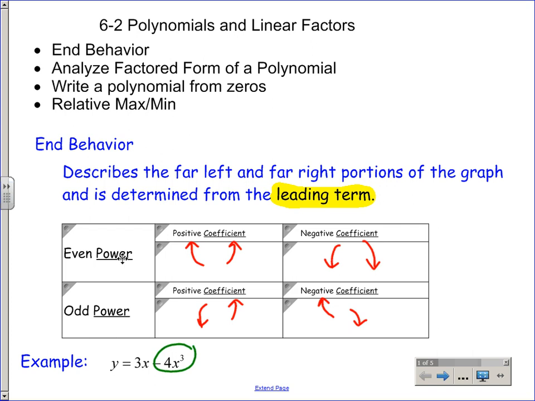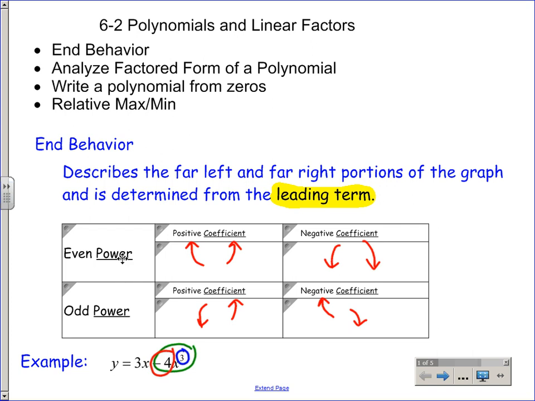In that leading term, you have the degree, and then you also have the coefficient. And the coefficient is simply the number that's in front of your variable.